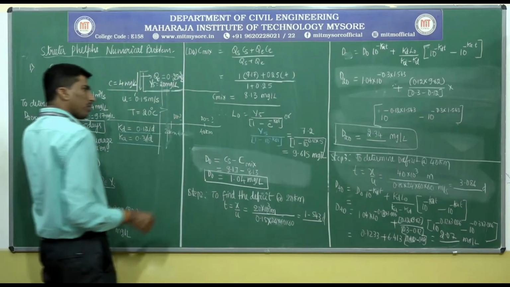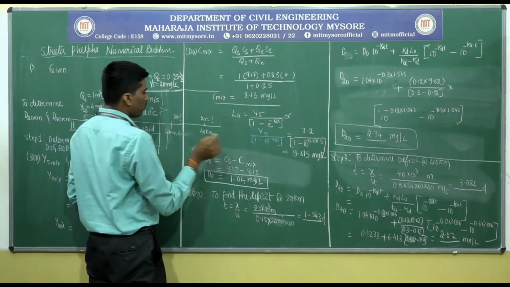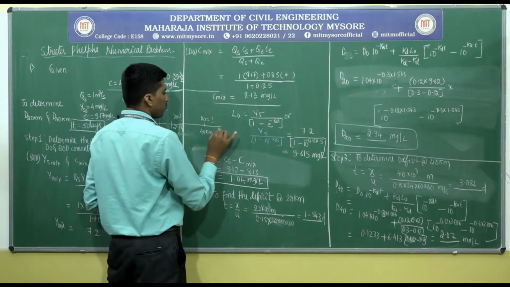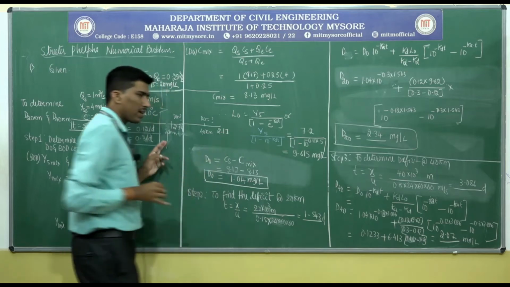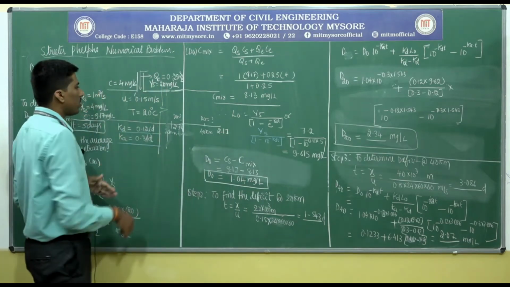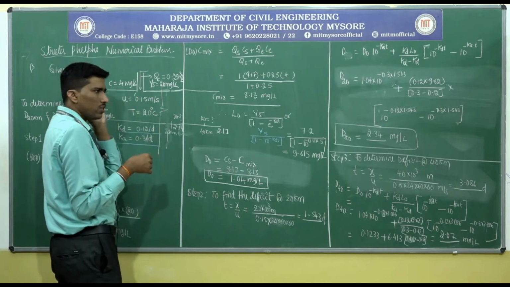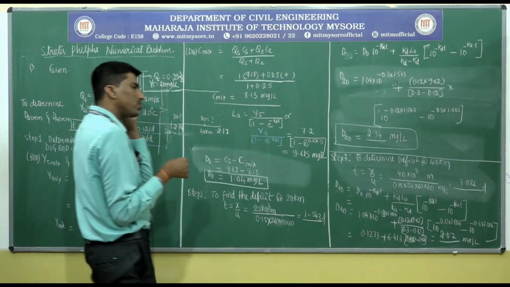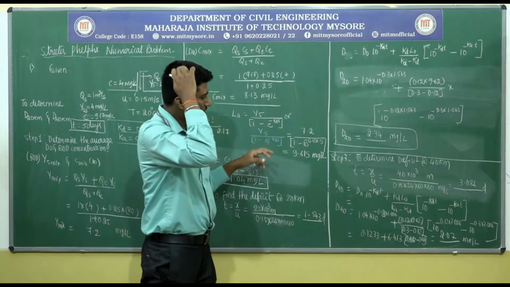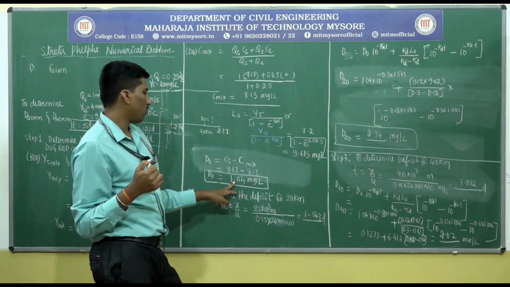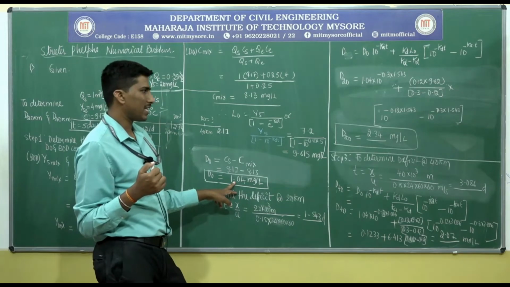Okay, so the DO deficit at this stage is 2.34, and here at the downstream it is 2.17, which implies what? Initially the deficit was 1.04 mg per liter.